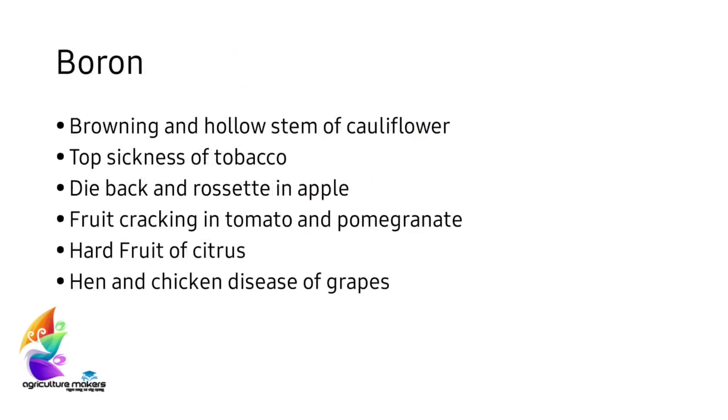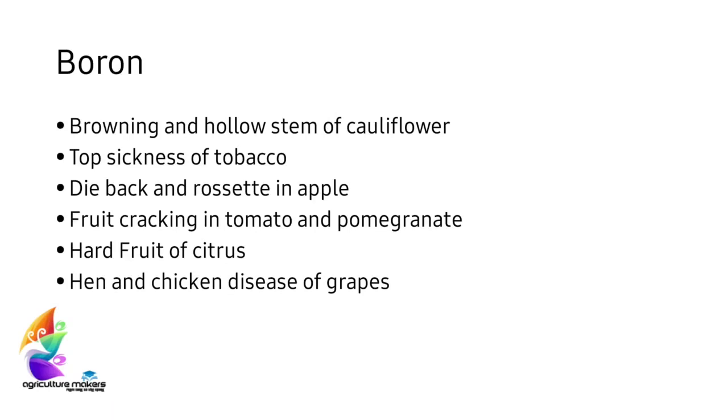Coming to the next, it is boron. It is necessary for pollen germination and it is the only non-metal element among the micronutrients, and it is necessary for the translocation of sugars, and it is involved in reproduction and germination of pollen. So any deficiency in boron leads to symptoms in fruits.